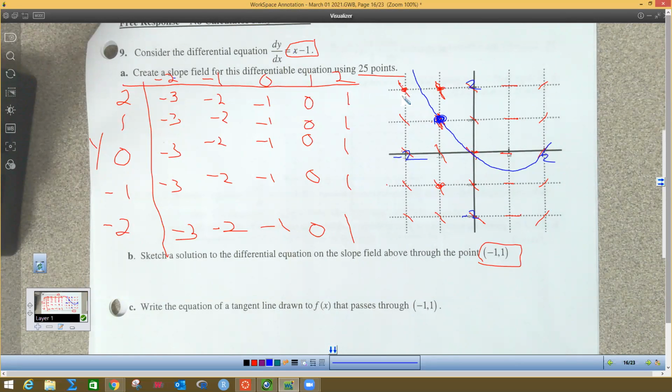I don't really like my slopes right here very well, but all these slopes are -3 going down this column. So when I do my little tick mark, I go down 1, 2, 3, and over 1, and I try to draw that so that it looks like it's going to go down there and hit this tick mark. All these are supposed to be parallel going down through those little tick marks.